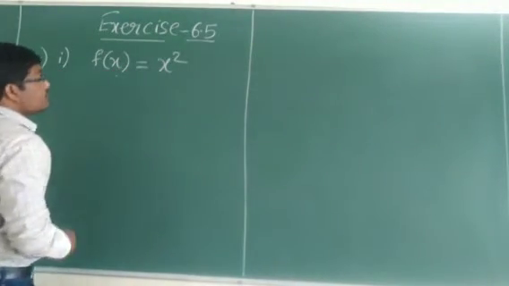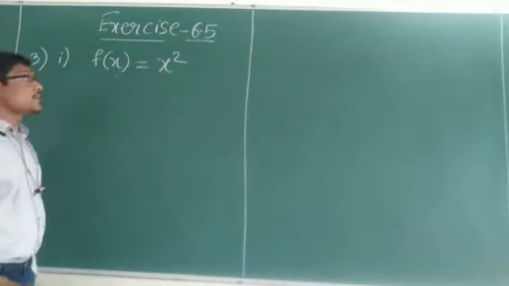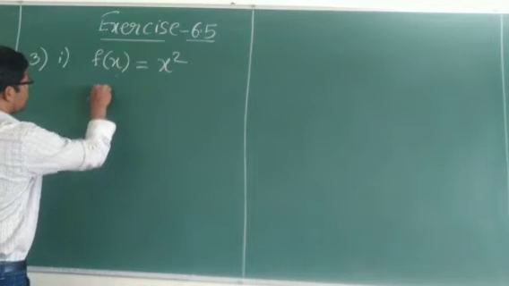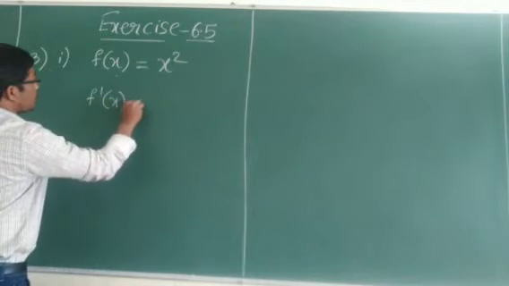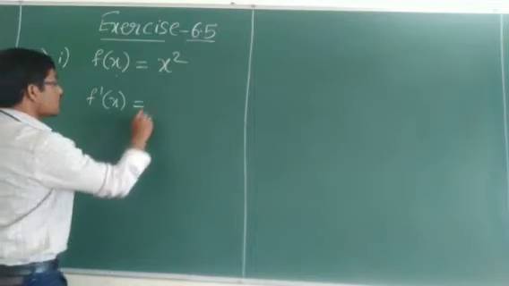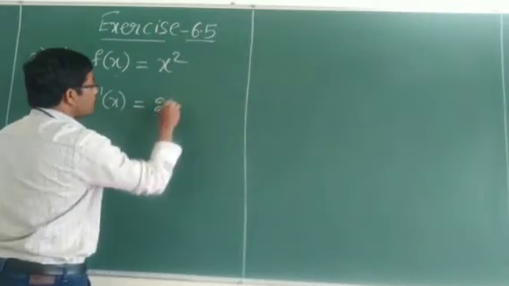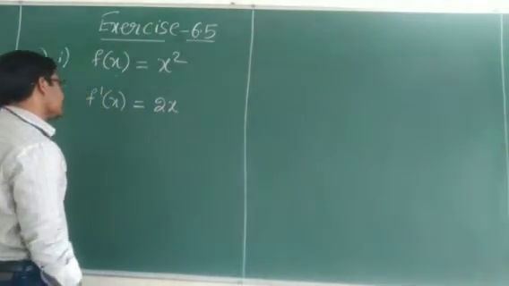To find this, we will use the second derivative test. First take the derivative. f dash of x is equal to the derivative of x square, that is 2x.